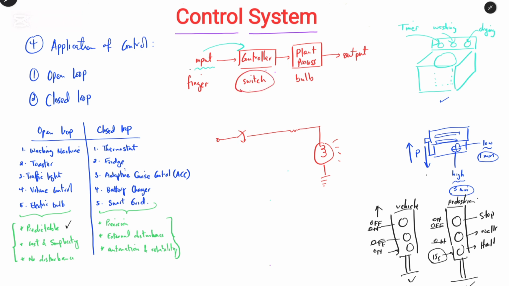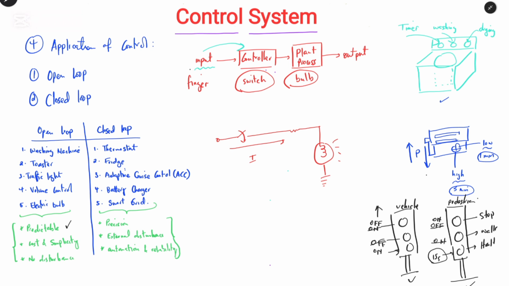So the switch will mostly depend on the finger. If you press the switch, then the switch as a controller will allow the current to pass through to light up this bulb. When you open the switch, that means it will disallow the current to pass through. That means the light bulb will be off.